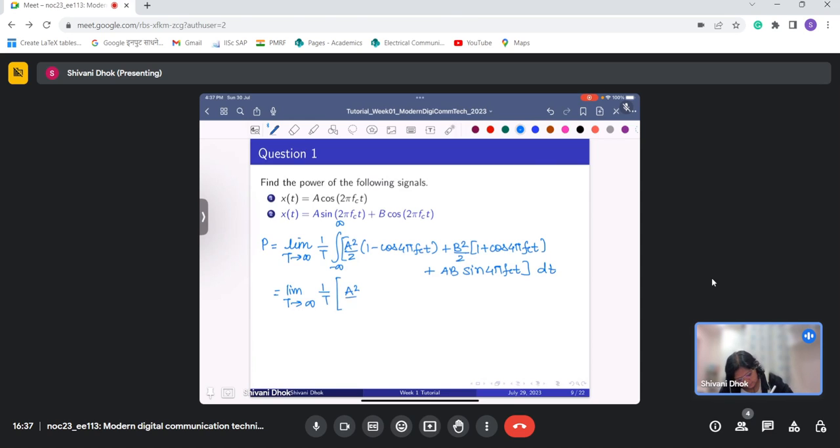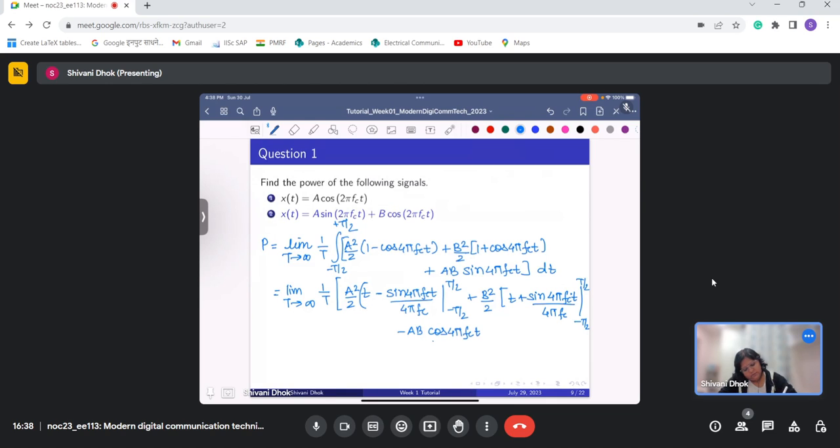This integral is a square by 2t minus sin 4 pi fct by 4 pi fc from minus t by 2 to t by 2 plus b square by 2 t plus sin 4 pi fct upon 4 pi fc again from minus t by 2 to t by 2 and minus AB cos 4 pi fct upon 4 pi fc from minus t by 2 to t by 2.